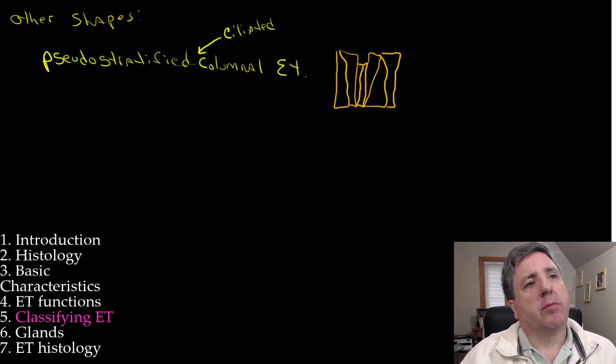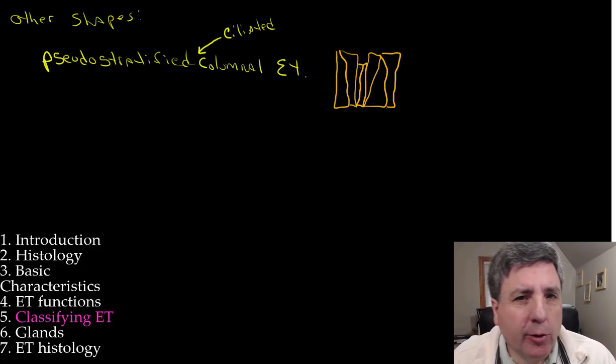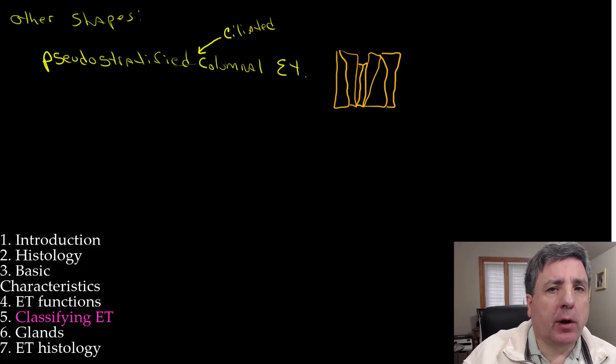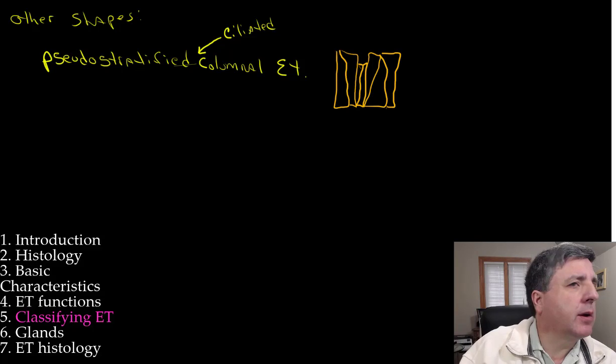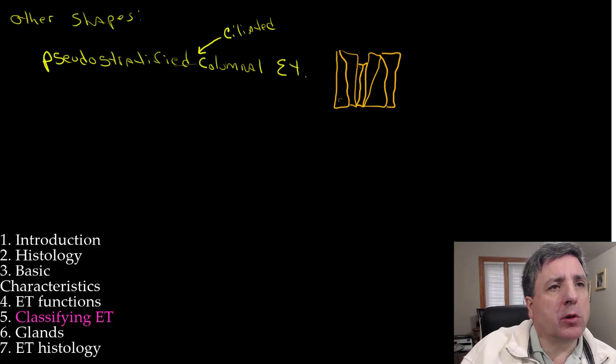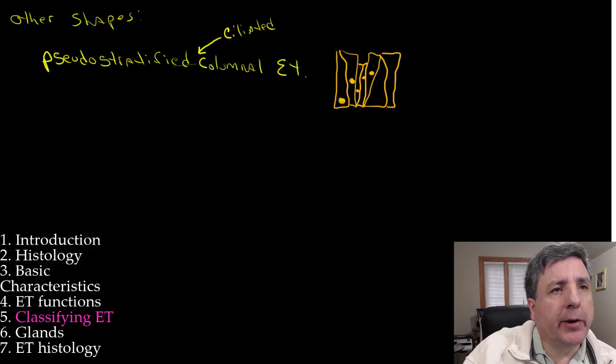Okay. It doesn't look like your standard columnar cells. Let me throw in the nucleus. So we'll have a nucleus here. We can have a nucleus up here. We can have one here. We can have one there, one here, one here, one here.